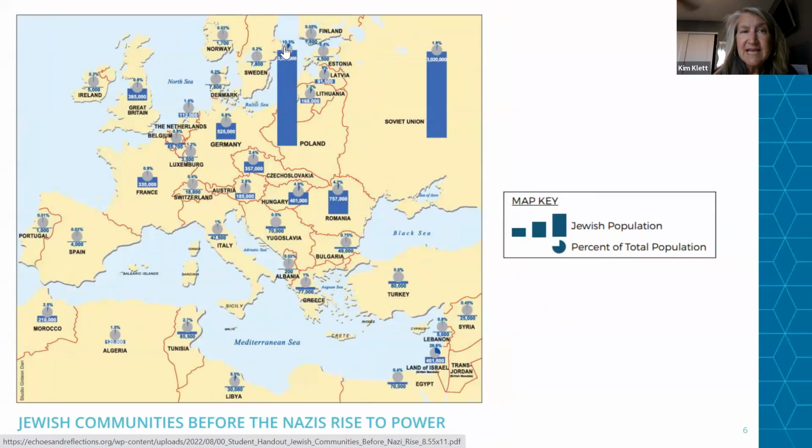And then this is the percent of the total population. So, looking at this in Poland, there were over 3 million Jewish people in January of 1933, and that was about 10% of the population. Okay, and so you can see in the other countries similar numbers.